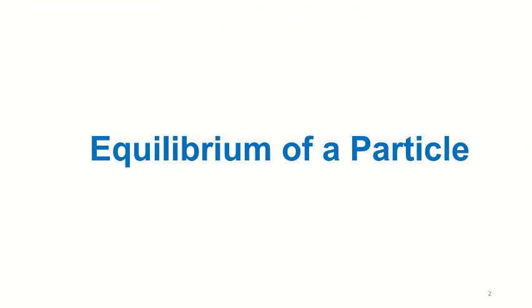Okay, in this lecture, we are going to learn about equilibrium of a particle. In our previous lectures, I mentioned that a particle is an object which has a mass, but its size can be neglected. If we can neglect its size or dimensions, but it has a mass, then we say it is a particle.